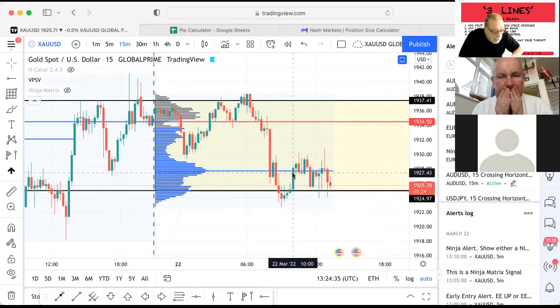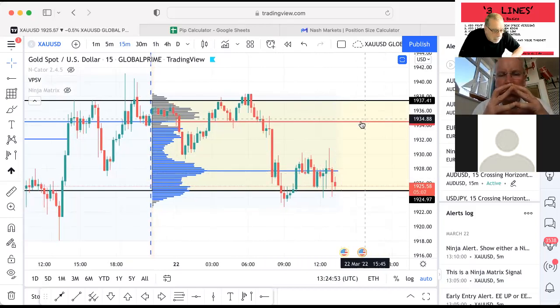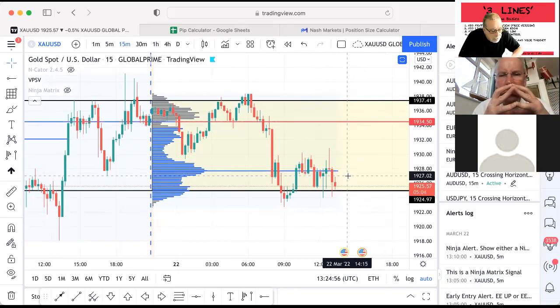That's just within the last 4 hours. It came down and went through it and went back, and then came down, went through it again. So it is a significant area. Not as significant as this. This is our target for today, but it is.